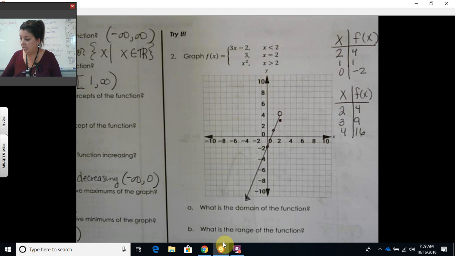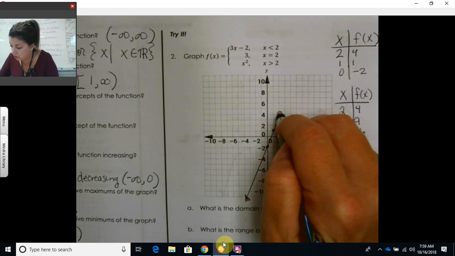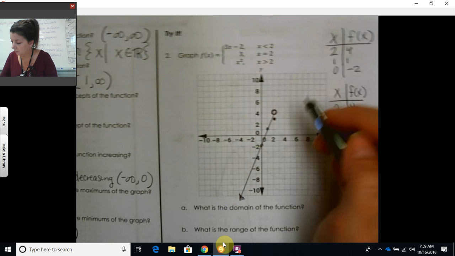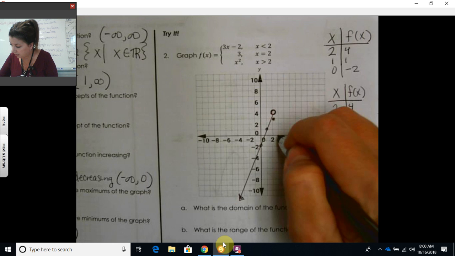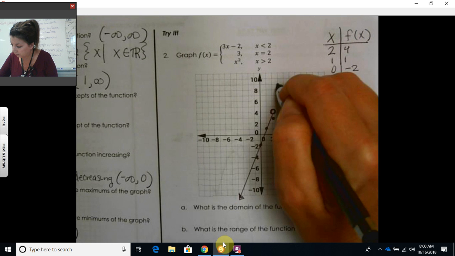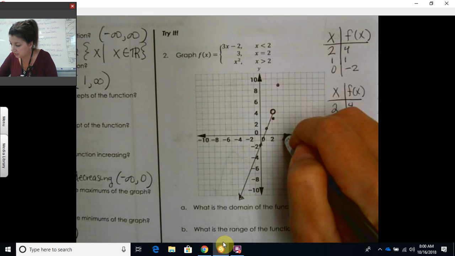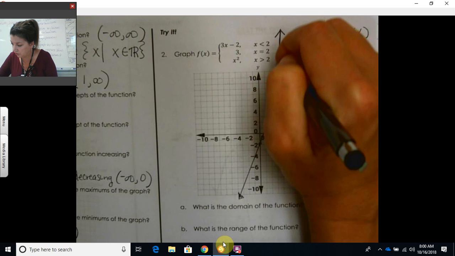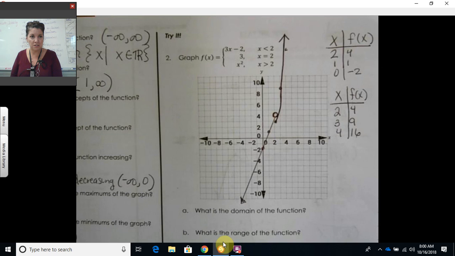And it's already open. So we just still have another open circle in the same place, okay? 3 comma 9. 4 comma 16, which is off my graph. Again, that's very steep, so it's hard to make it look like a curve, but it is not a straight line. So try to get some curve in there as best as you can. It's hard when it's steep.